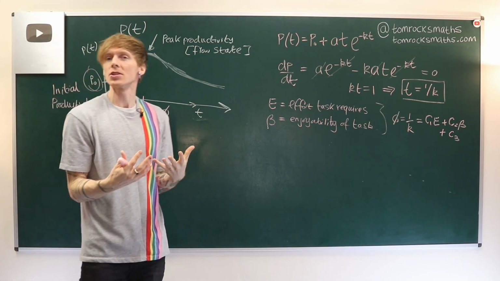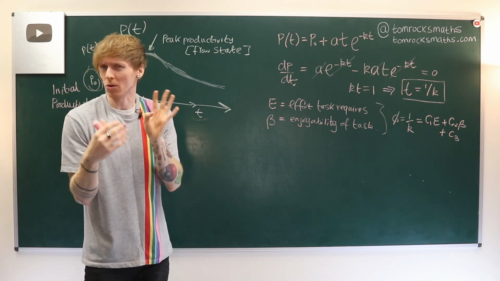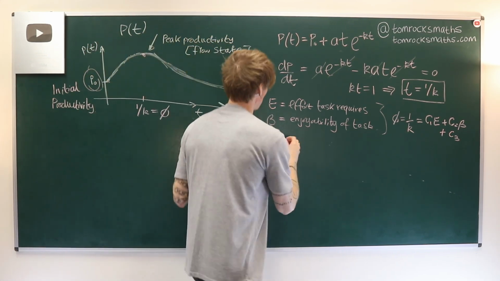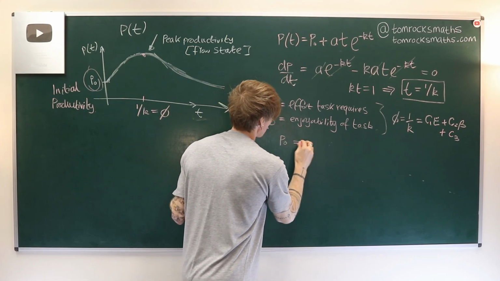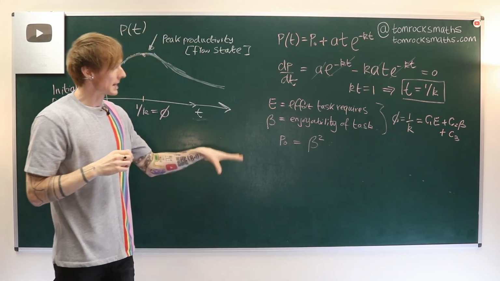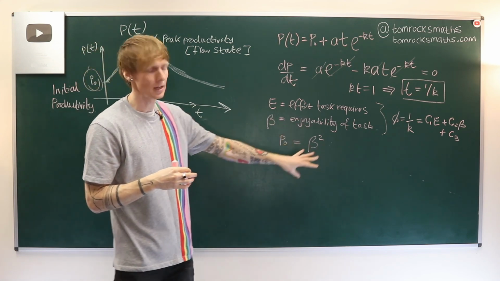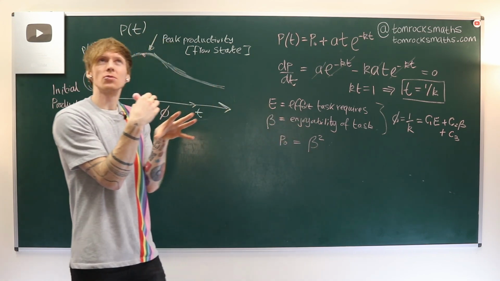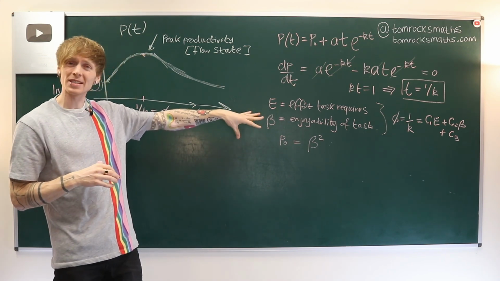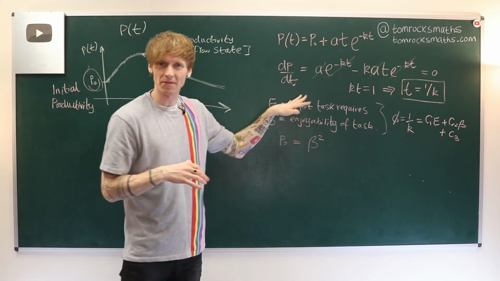And this is going to be exaggerated depending on whether we do or don't enjoy and therefore do or don't want to do the task. So we're going to say that P0, our initial productivity, is going to scale like beta squared. So clearly there is a positive correlation between initial productivity and enjoyment, and the squared term here is sort of exaggerating those feelings.